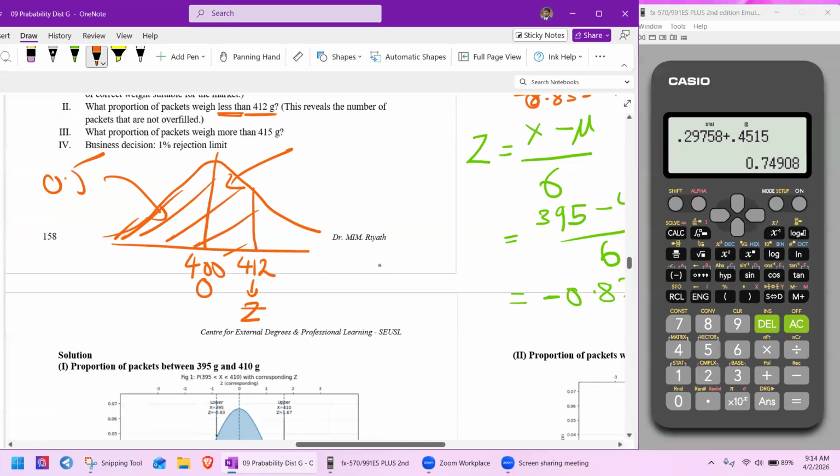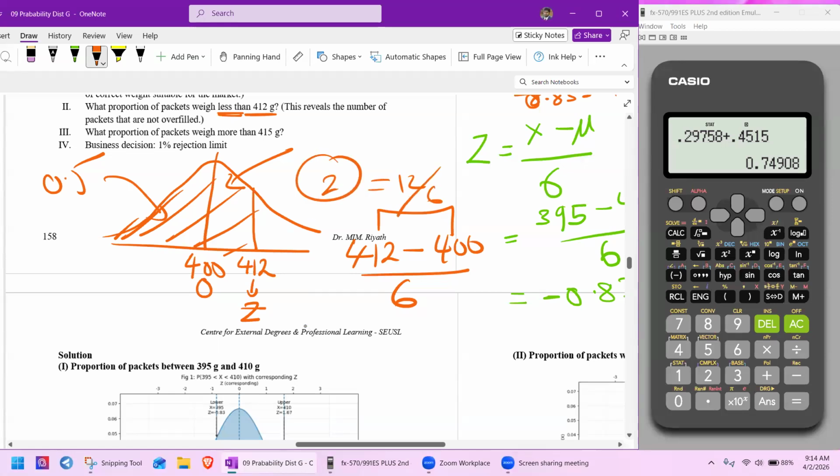So z equals x minus the mean: x equal 412 and mean is 400, divided by 6. The difference is 12. 12 over 6 equal what? 2. Now we know that z equal 2.